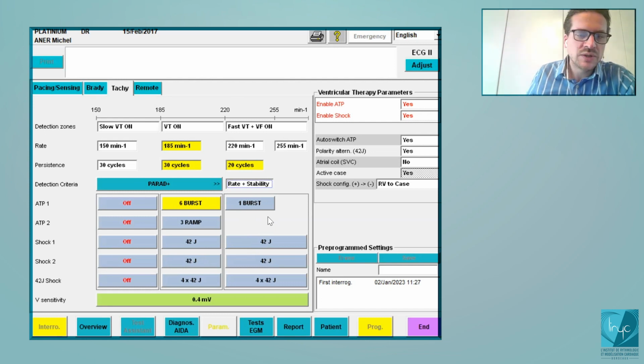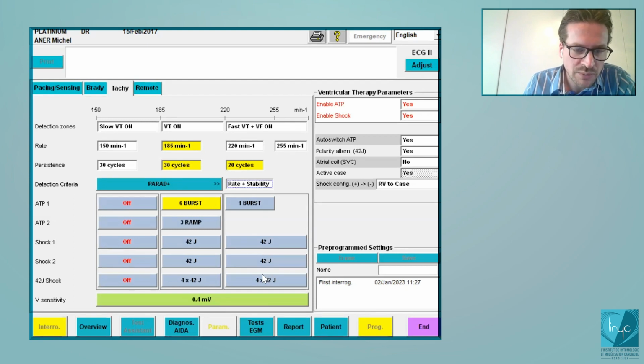And maybe, as you know, also in electronic devices, if you program an ATP before the shock, it actually delivers 2 ATPs because it's delivering ATP before the charge, but also during the charge. And sometimes we see that the second ATP, even though the VT is very fast, terminates the VT. But of course, the price you pay is that some arrhythmias will be accelerated during a delivery of an ATP. It's switched during very fast ventricular arrhythmia.